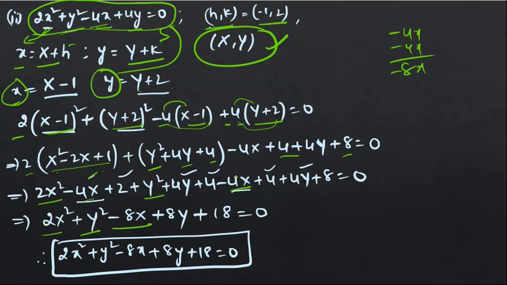Similarly Y terms, plus 4Y and plus 4Y, total is 8Y. Then the constant terms: 2 plus 4 is 6, 6 plus 4 is 10, 10 plus 8 is 18. So you get plus 18 equal to 0, right? So this is the final transformed equation of the given equation.